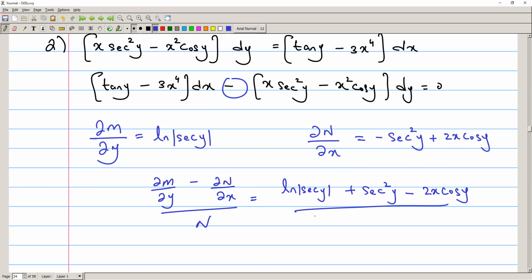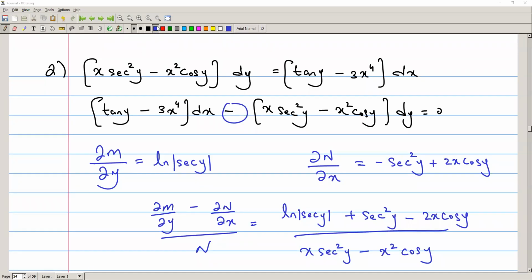N is x sec squared y minus x squared cosine y. Right. So there's a mistake here.